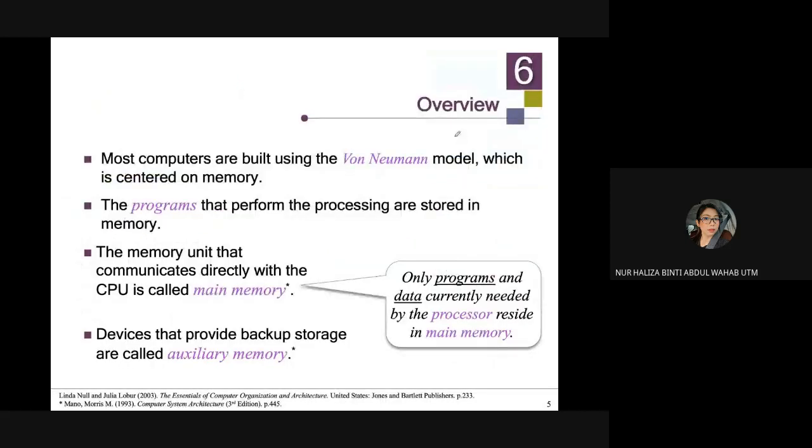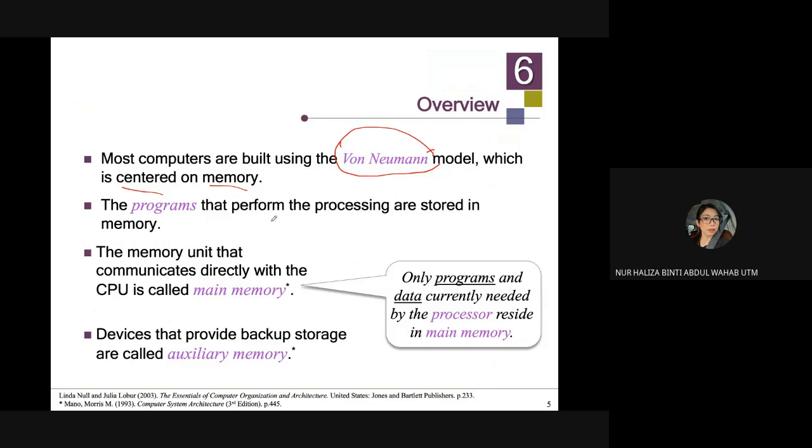So the overview: you know in your first module about the von Neumann model. It is of course for the earliest computers, which are centered on memory. It builds your computer centered on memory.